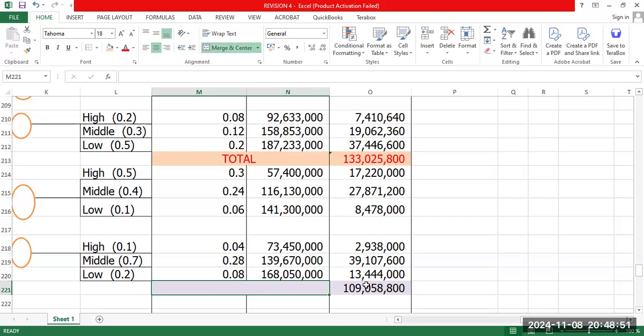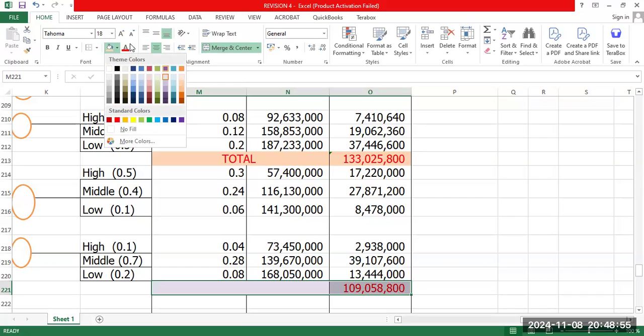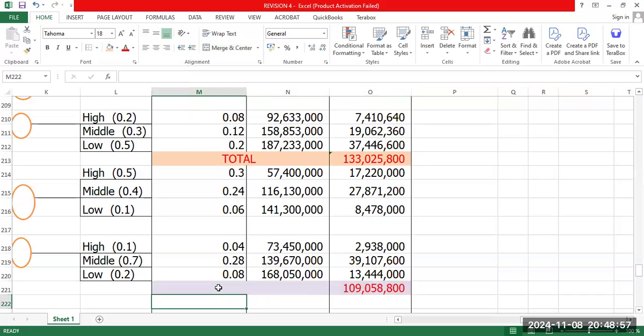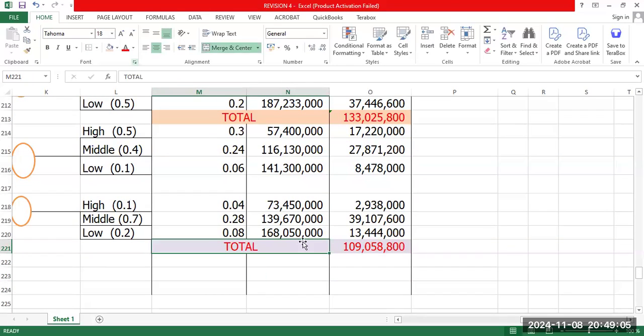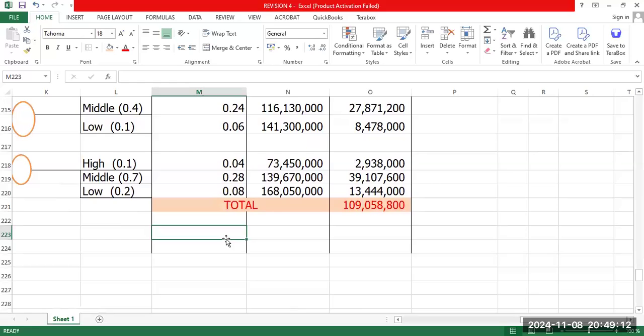This is my total. Colleagues, are we together? Yes. So that is my total.